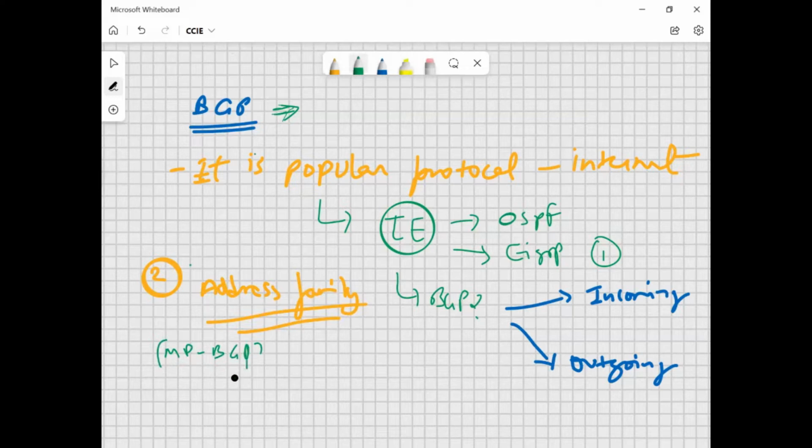What that means is it supports not only IPv4 as in your EIGRP and OSPF, and not only IPv6 as these two support, but it can support even VPNv4, that is for your MPLS case. It can support even EVPN, that is in your VXLAN case, or VPNv6. It can support a lot of other address families, and that can be used. That is the reason one can use BGP only.